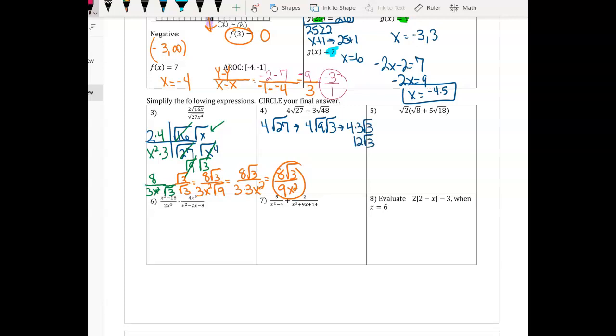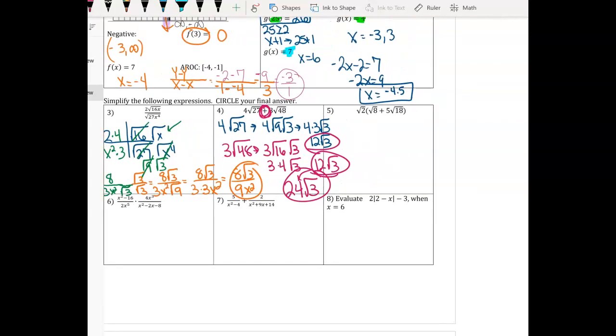And then I'm going to do the same with the 3 root 48. So it becomes 3 with 16 and 3. That becomes 3 with a 4 root 3, and that becomes a 12 root 3. And then I'm going to take the final results that I got by simplifying and add them. So when I do that, I get 24 of these root 3s.